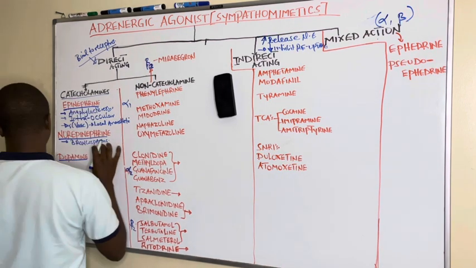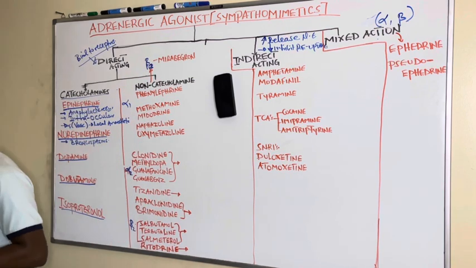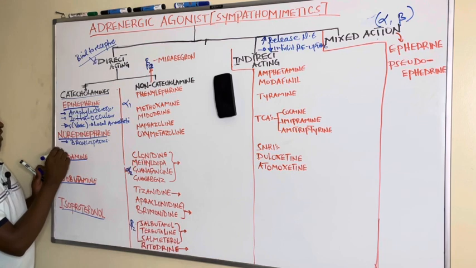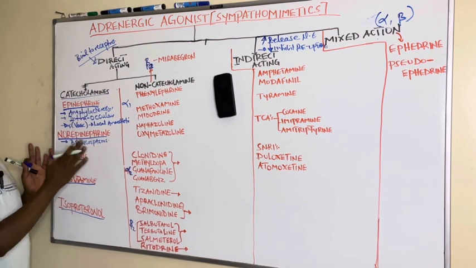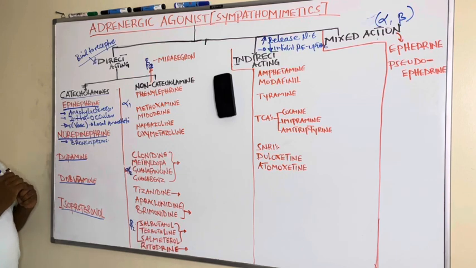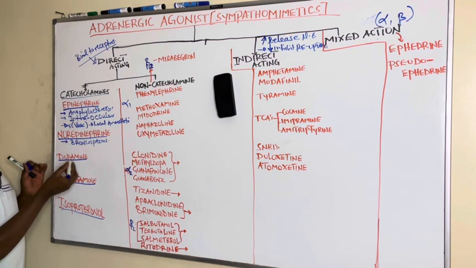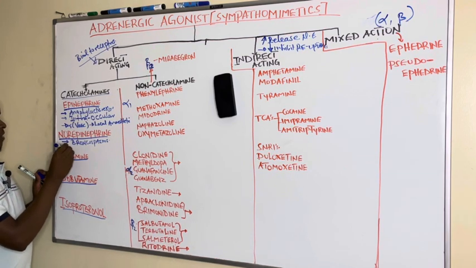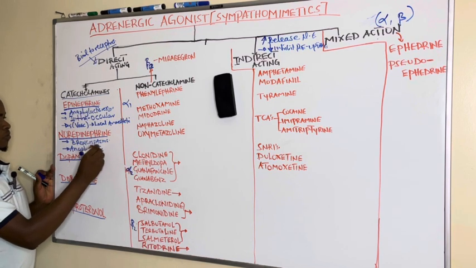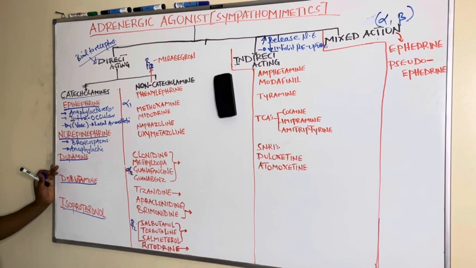We can apply it in bronchospasms, or in some people with asthma, because it is a bronchodilator, by acting on beta-2 receptors within the bronchus. Another use is in anaphylaxis, which are allergic or hypersensitivity type 1 reactions.